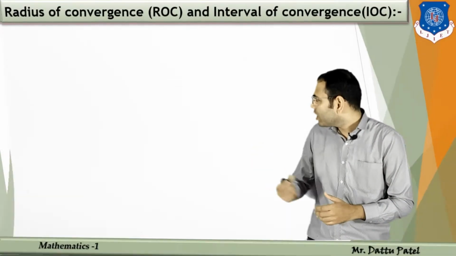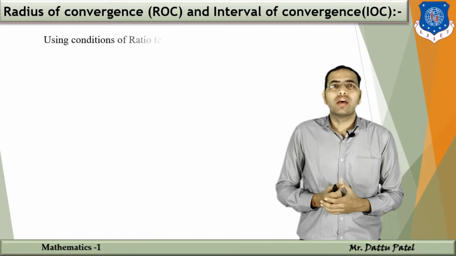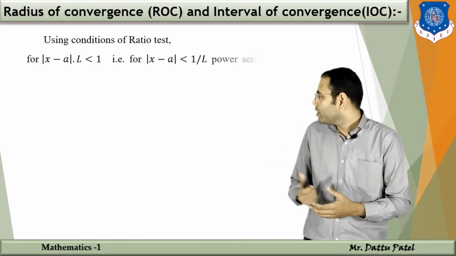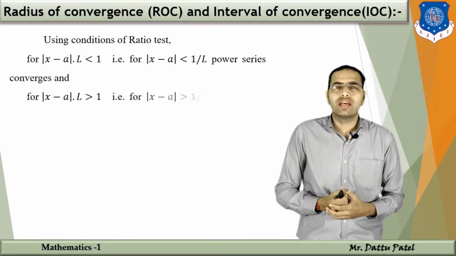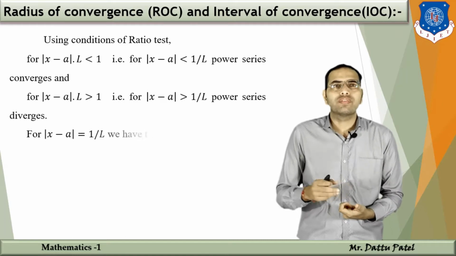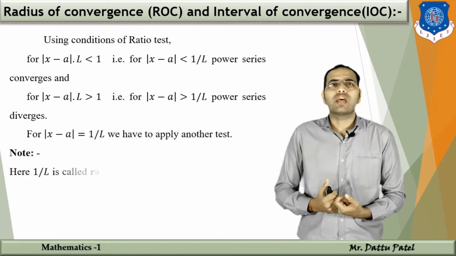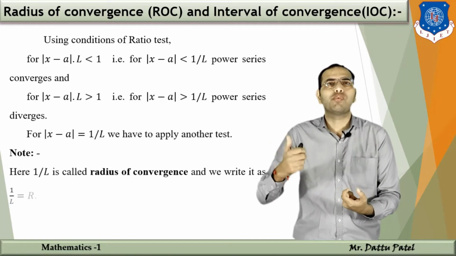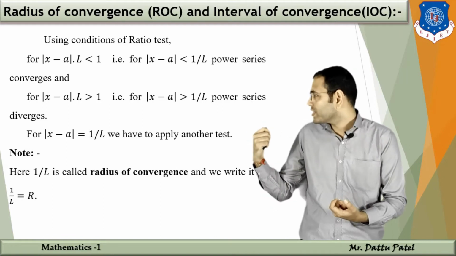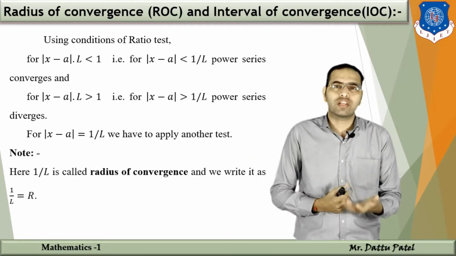Now let's see the conditions of the ratio test. For mod of (x minus a) into L less than 1, simplifying that term, mod of (x minus a) is less than 1 upon L. In that particular range the given series is convergent.